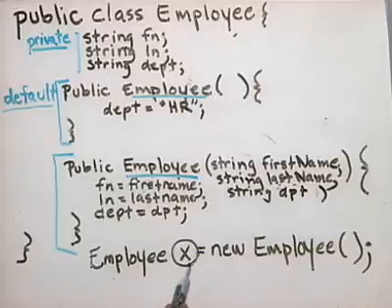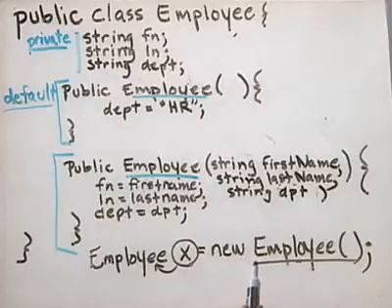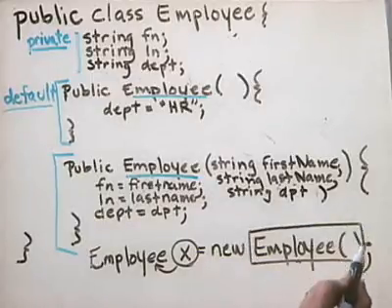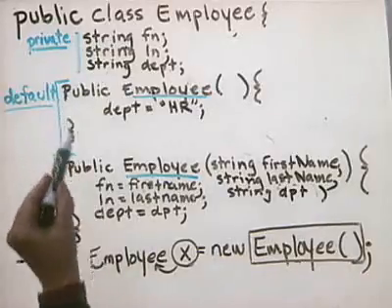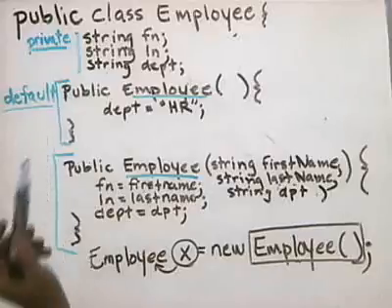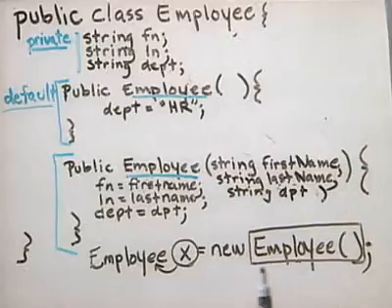This is a type of employee. Now notice to the right of the keyword new, this is a call to the employee's constructor. It has no arguments, so it must be calling that default or no-argument constructor. So when I instantiate an object, I am in fact calling the constructor, and I'm calling it right here.